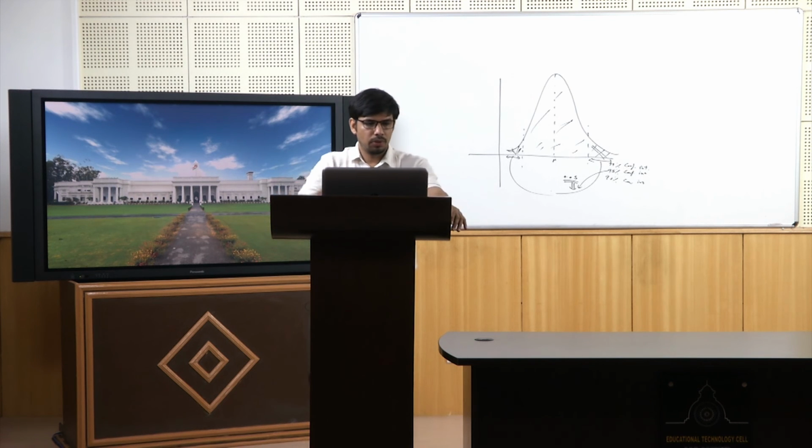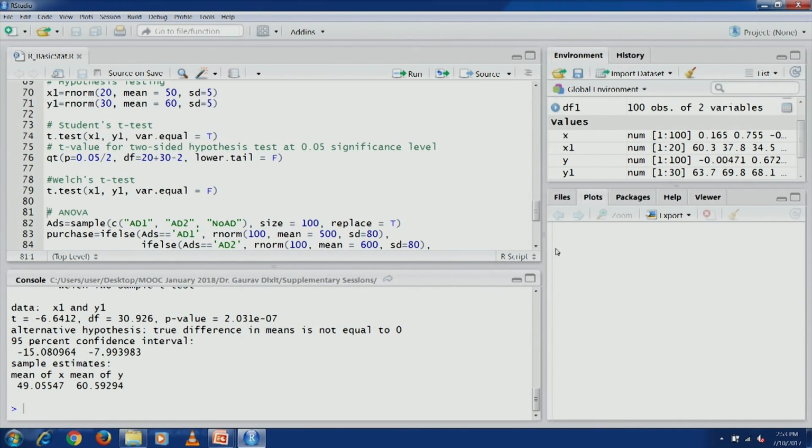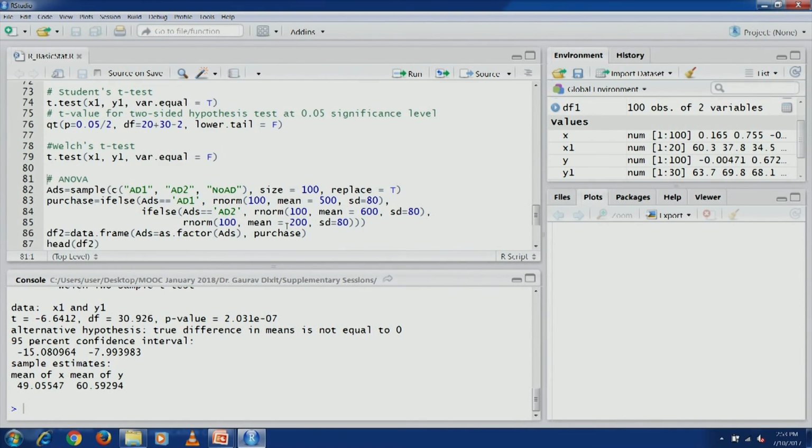So let's open RStudio. Again in this case we have created hypothetical data. We are talking about ads. There are three options: ad 1, ad 2, or no ad at all, and the purchase that can be associated with these ads. For these three types of situation, we are trying to create 3 samples randomly.